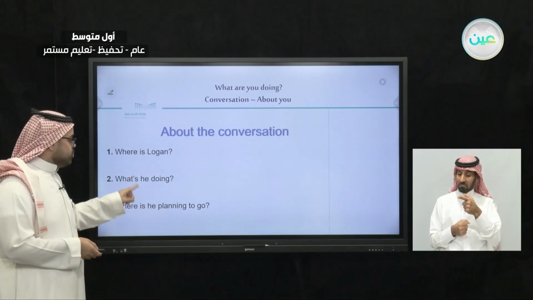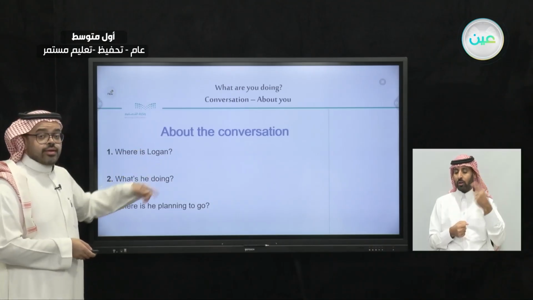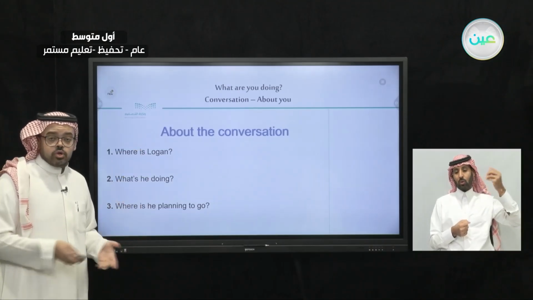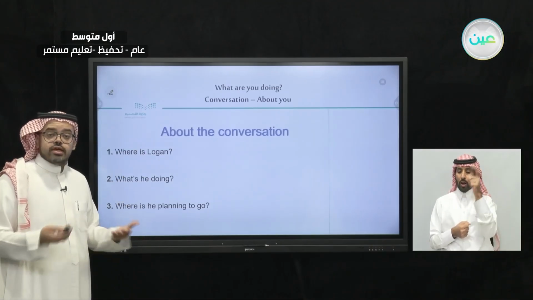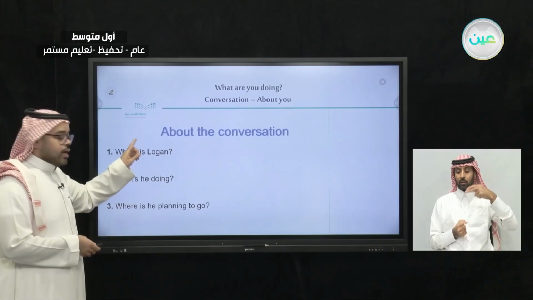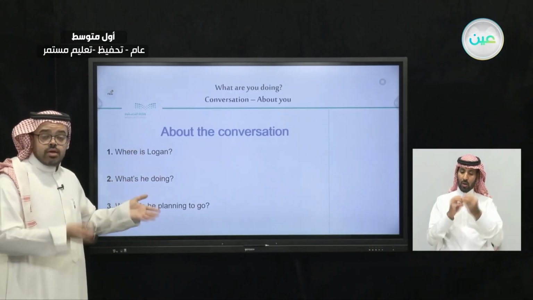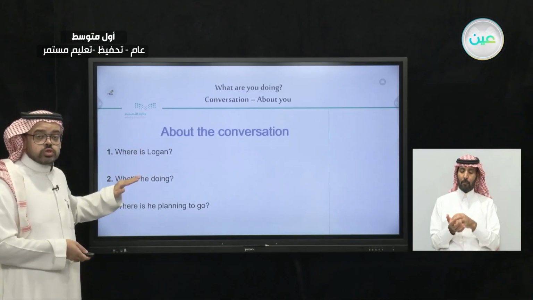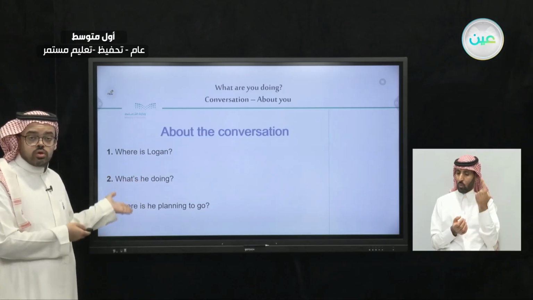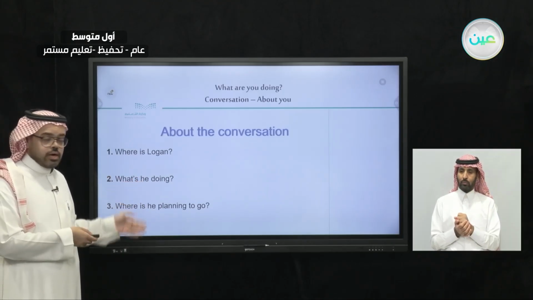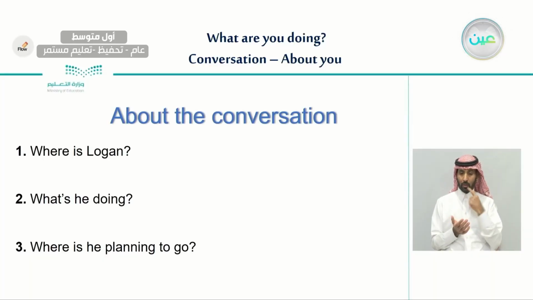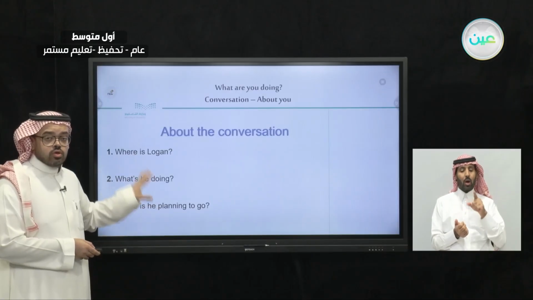Very good. Here by he we mean Logan. You remember last time we learned about personal pronouns. We said that if we mention a noun or the name of a person, we don't have to use it again. We should only use the personal pronoun. And the third question, where is he planning to go? All of these questions are about Logan.